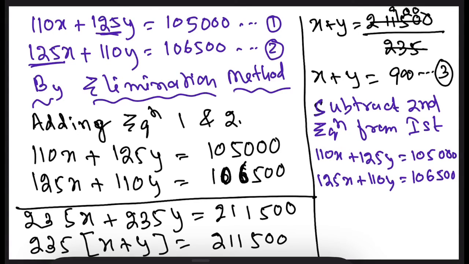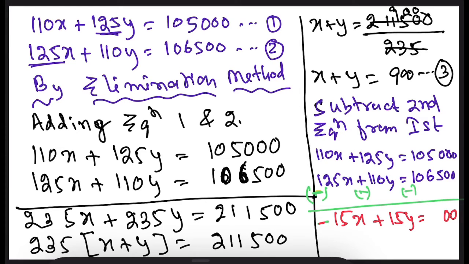Okay. Now subtracting, sign will change. This is minus, this is also minus, this is also minus. Now this one will become minus 15x, and 125 minus 110 is 15, so plus 15y equals to minus 1500.